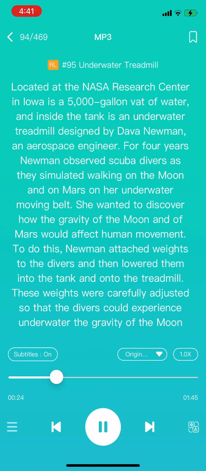She wanted to discover how the gravity of the Moon and of Mars would affect human movement. To do this, Newman attached weights to the divers and then lowered them into the tank and onto the treadmill. These weights were carefully adjusted so that the divers could experience underwater the gravity of the Moon and of Mars as they walked on the treadmill.